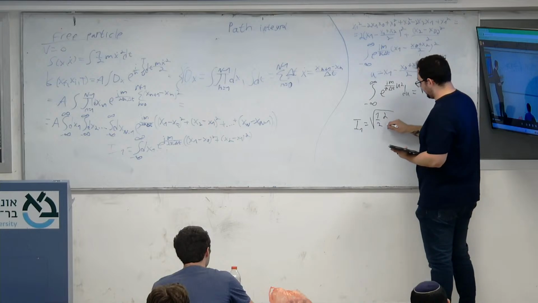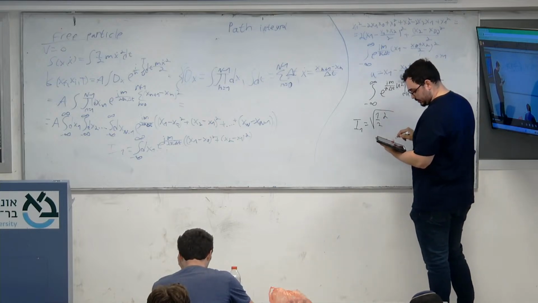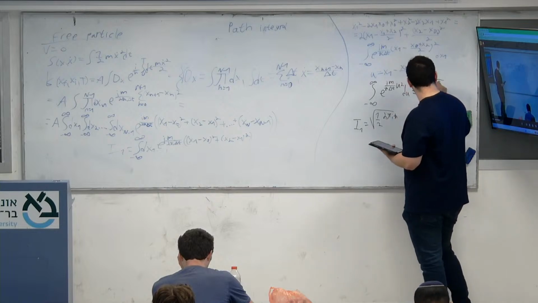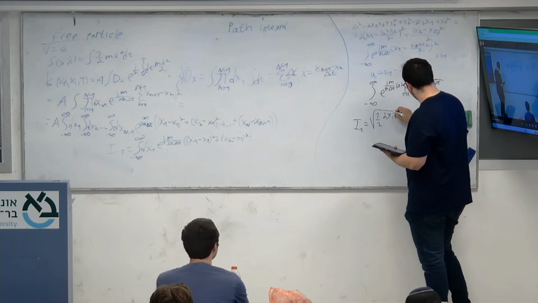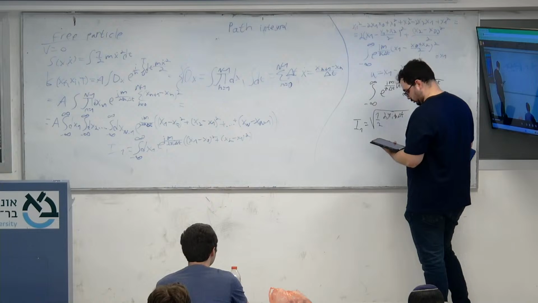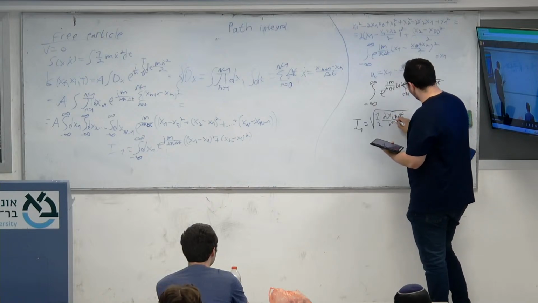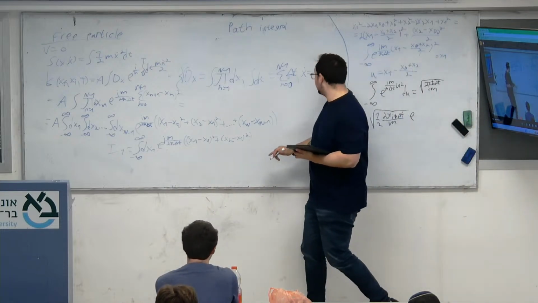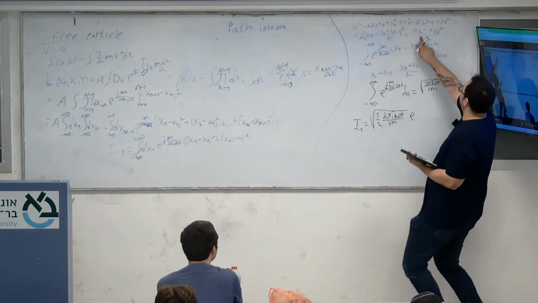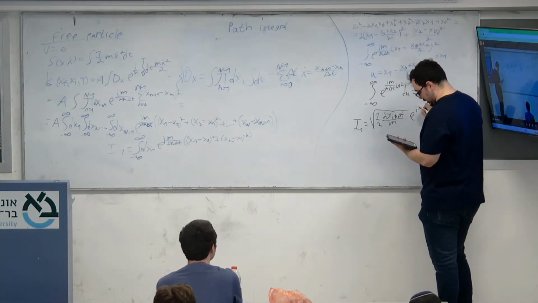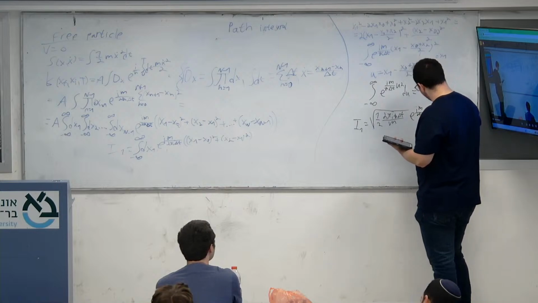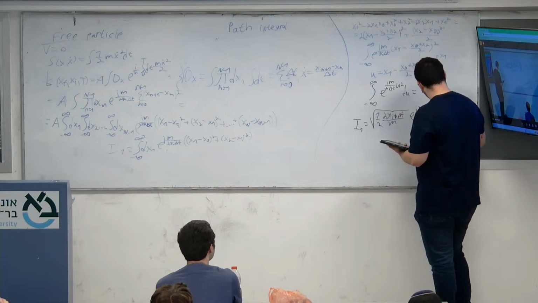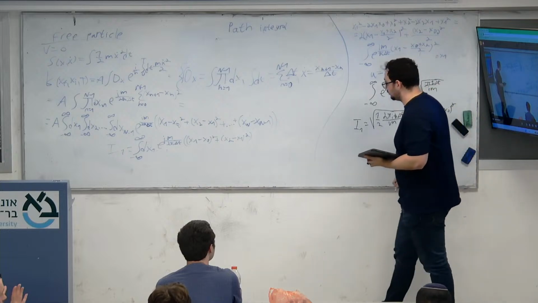I'm keeping the half and then the half n times 2 on purpose. So we get the square root of 2 pi i h bar delta t divided by m, times the part we left out, which is e to the i m over 2 h bar delta t times (x2 minus x0) squared.